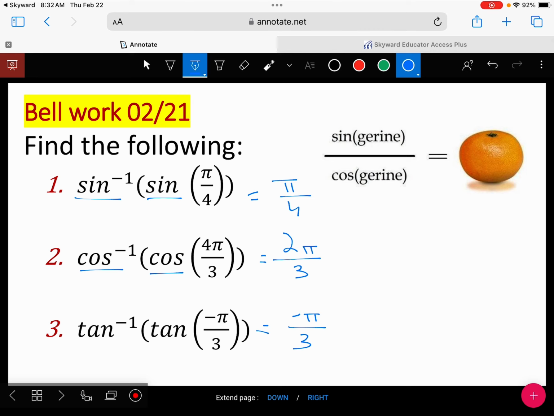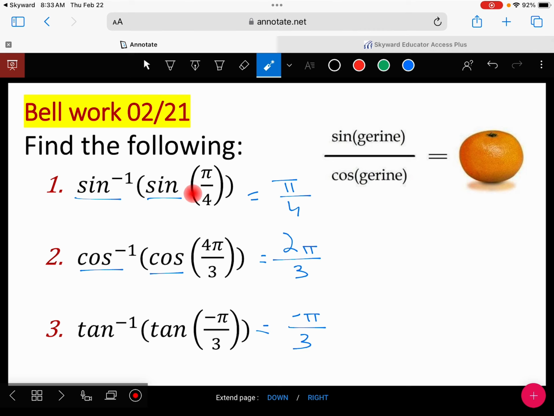It will throw you off on your quiz if you don't know. Inverse cosine is 1 and 2. 4 pi over 3 is not in quadrant 1 or 2. It's in quadrant 3. Because of that, our final answer was not going to be the same as our initial input. Now looking back, what quadrant is pi over 4 in?